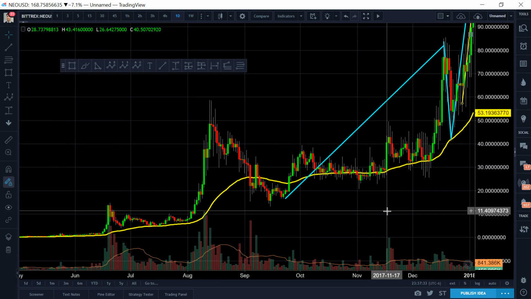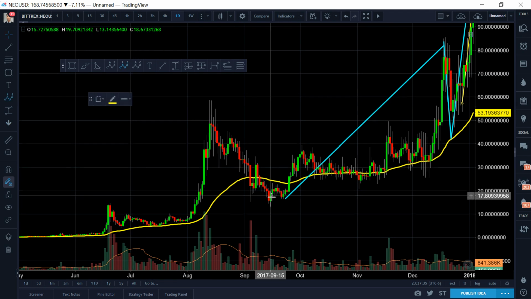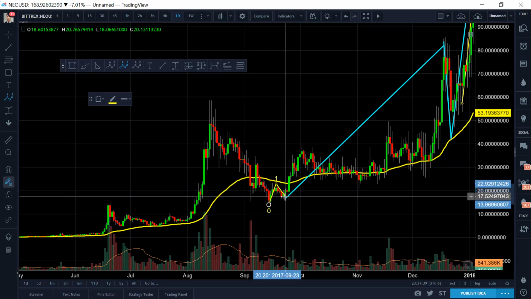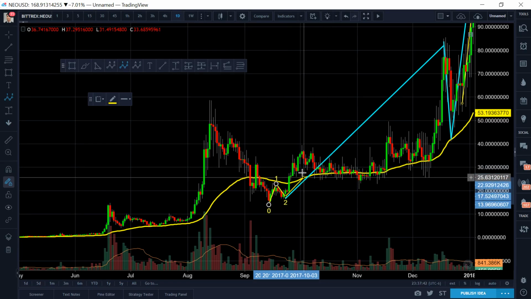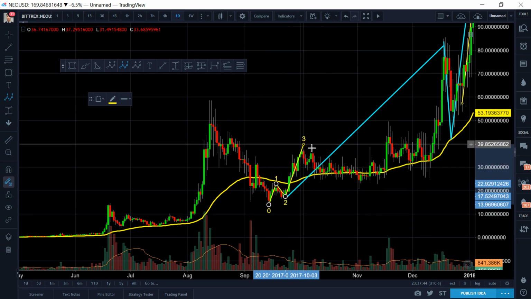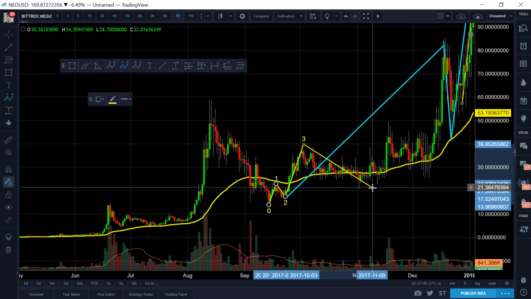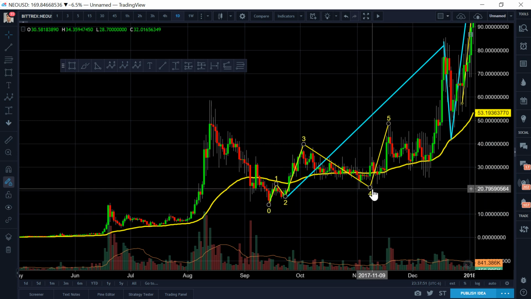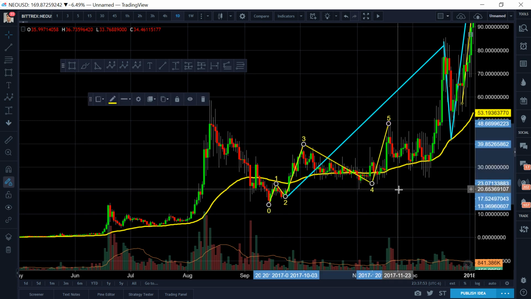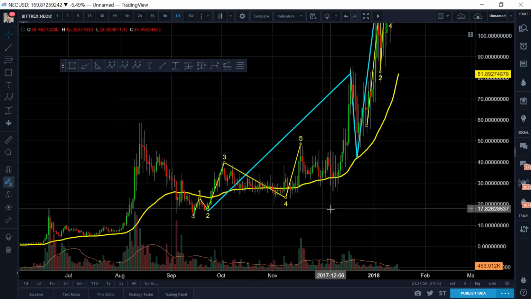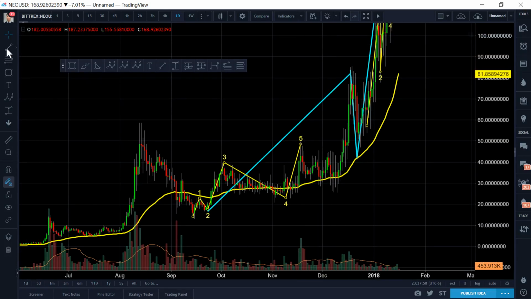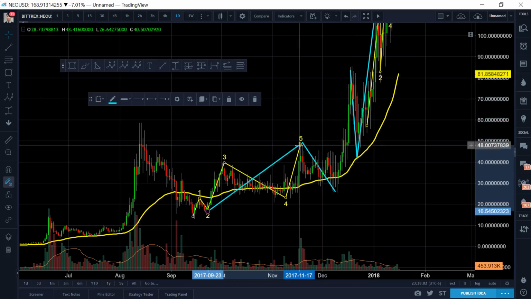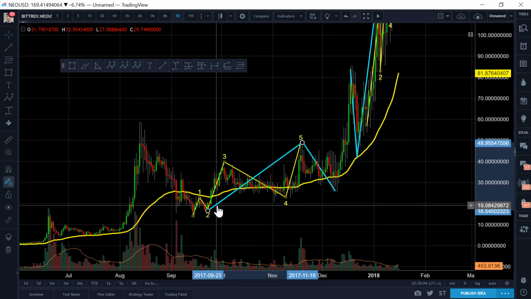And now what we're going to do is try to use a more relevant point. Let's say that that was a subwave 1 and that was a subwave 2 and this was a 3 somewhere, and here is a 4 area and this is a 5. Well, the wave 4 does not retrace into the wave 1 territory, and now this actually is a correction right here.